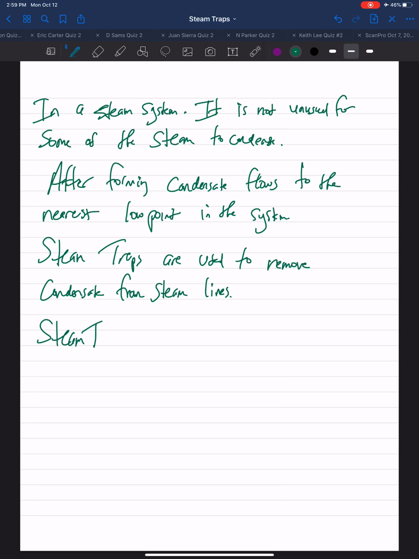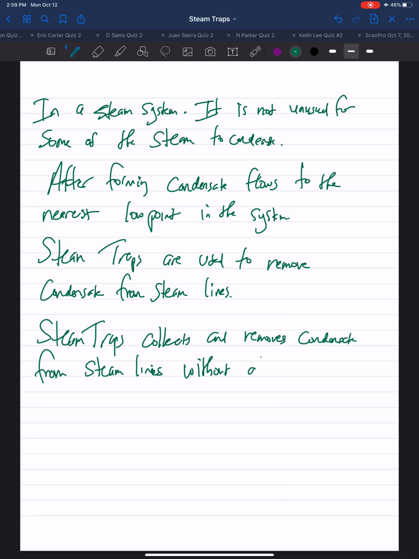So steam traps collect and remove condensate from steam lines without allowing the steam to escape.